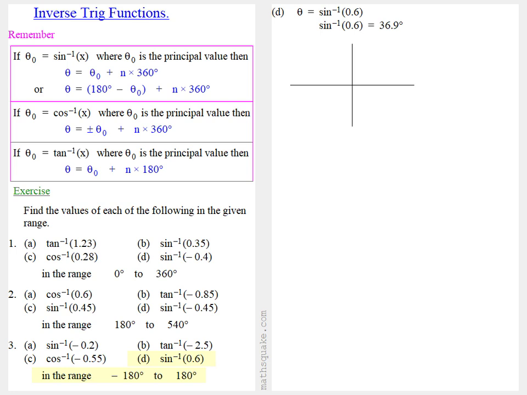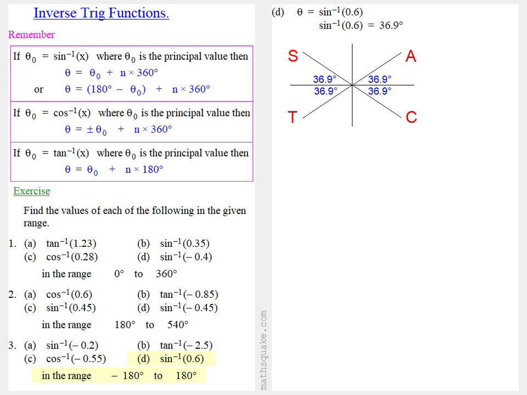We then draw axes and two diagonal lines. We mark the angles between the diagonal lines and the x-axis as 36.9 degrees. We then label the quadrants going clockwise ACTS, A, C, T and S.